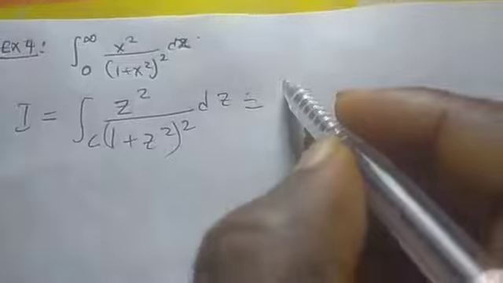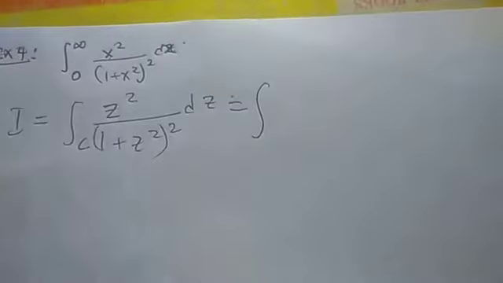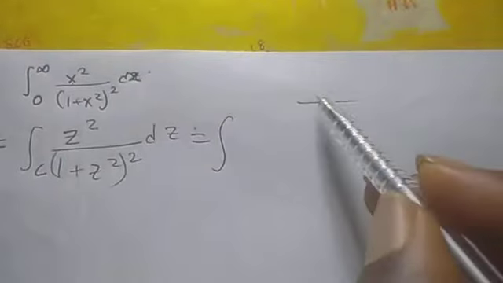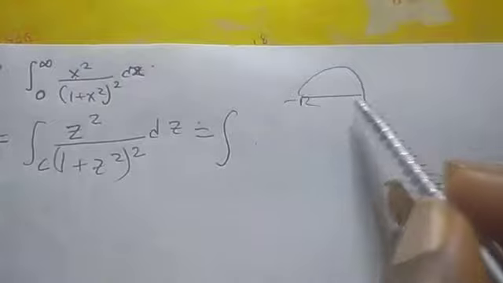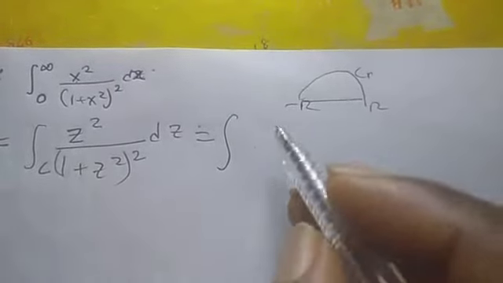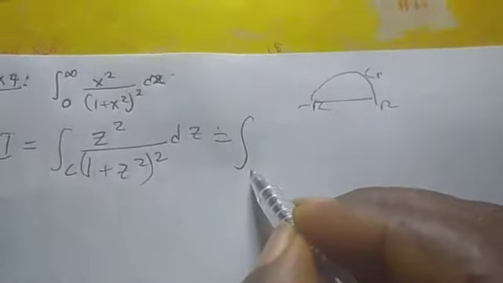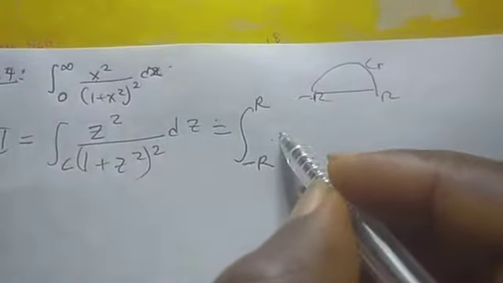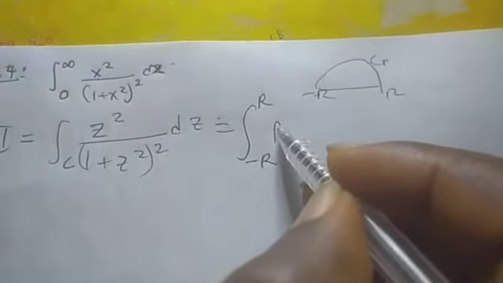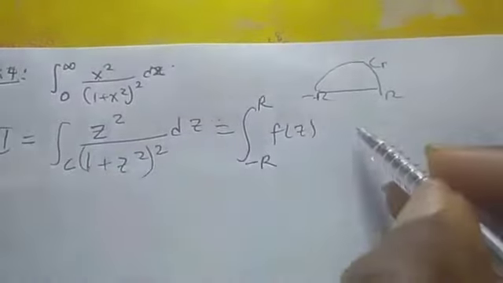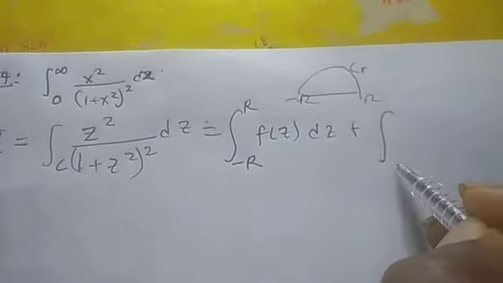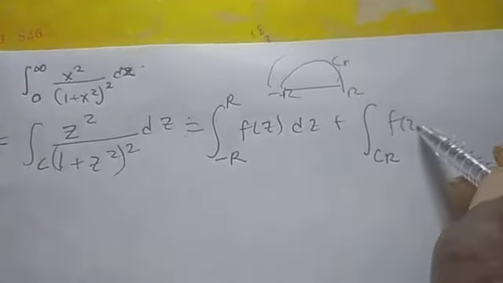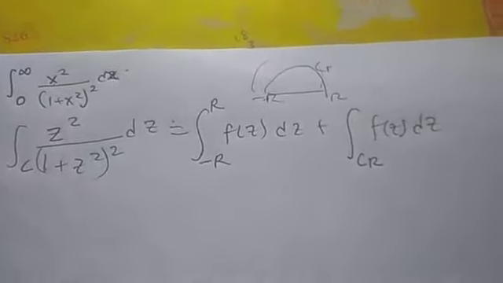And this C here is this semicircle, which I can quickly draw here: minus R to R, then C small R. So it will be integrated along this minus R to R, our f of z dz, plus the whole of this arc, C big R, f of z dz.